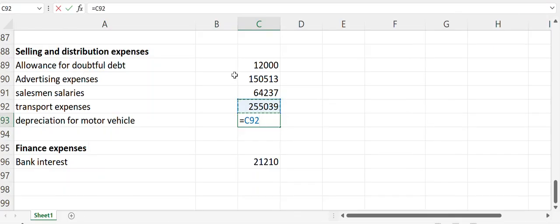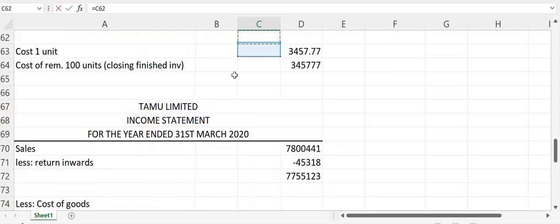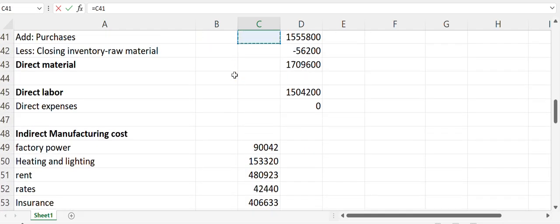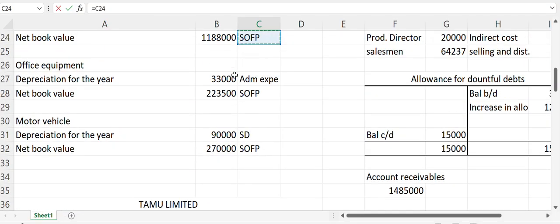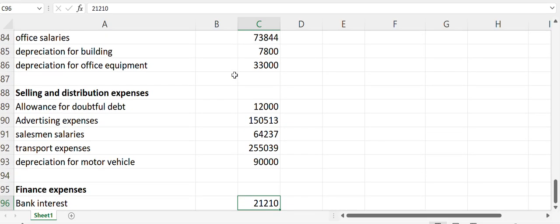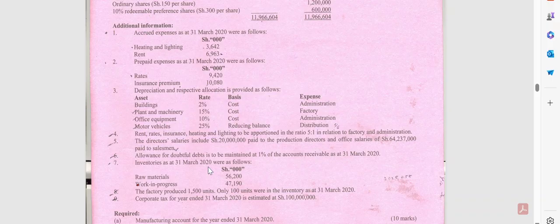So depreciation for motor vehicle, go back. Yes. So I think we are done with those.